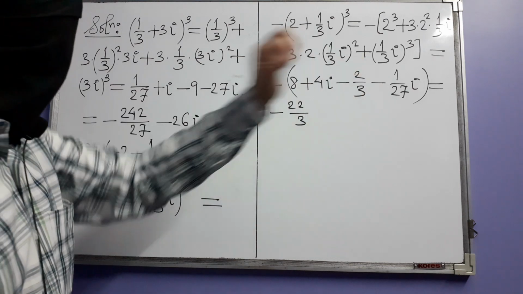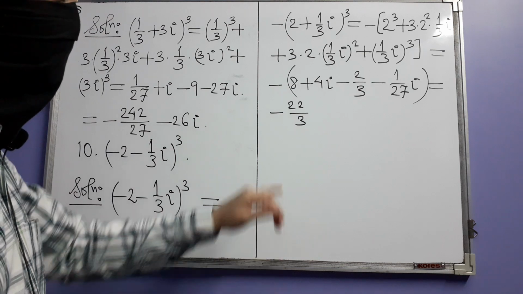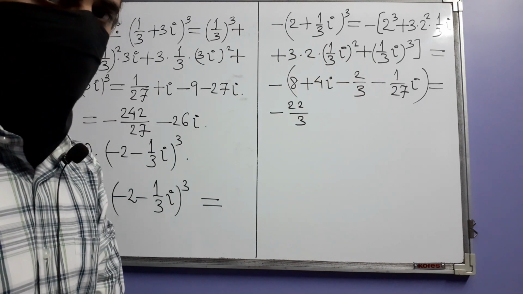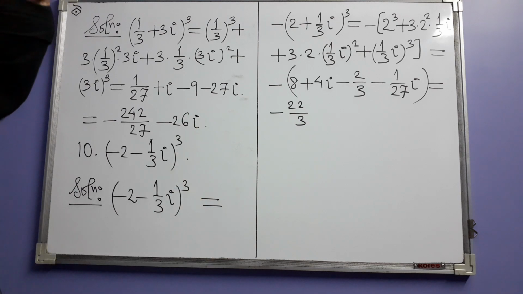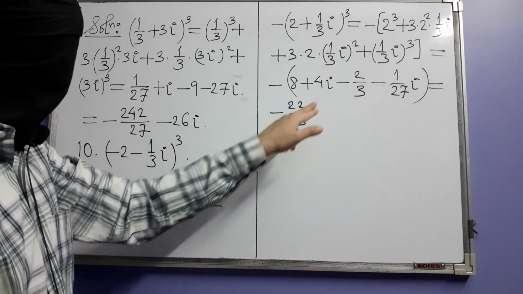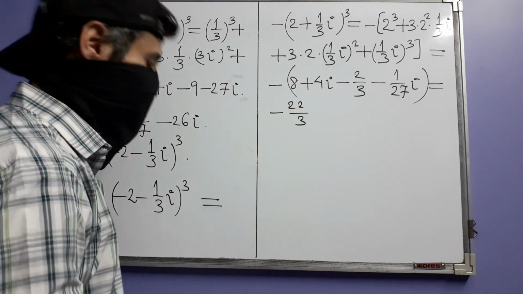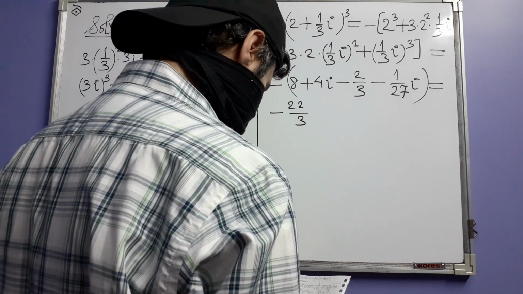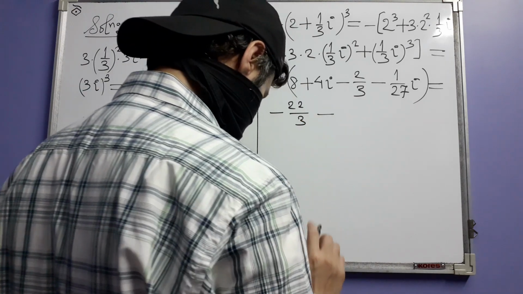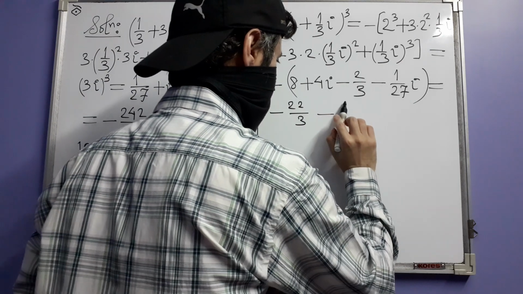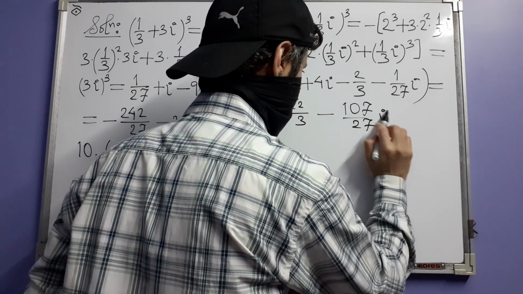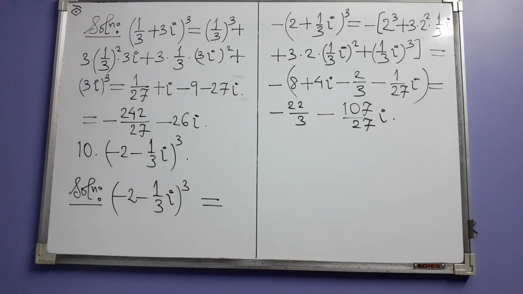I forgot the outermost set of brackets. That's why I was going to calculate minus 8 minus 2 over 3. So that won't be this. But now it's okay, because 24 minus 2 is in fact 22. And with that, we also have minus 107 divided by 27i. So this should be the answer.